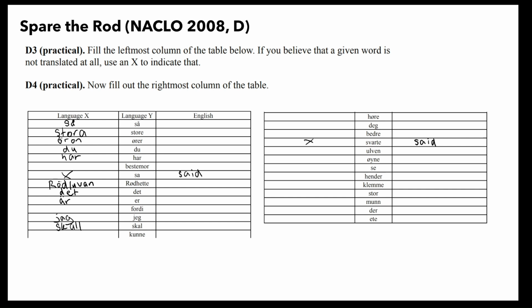Y4 we mapped to X2. Again, Y4 is det for the jeg skal kunne se deg bedre svarte ulven. X2, which is what we mapped it to, says det bara for at jag skal se dig bättre mitt barn. So, actually, there seems to be no direct translation here. At least, no direct one that we can find. So, at least in this sentence.